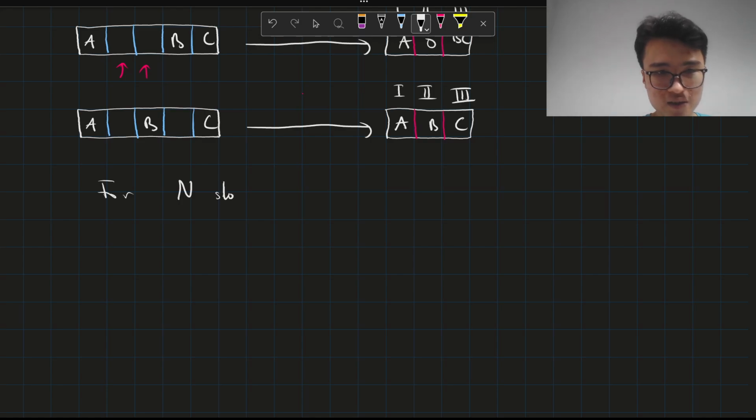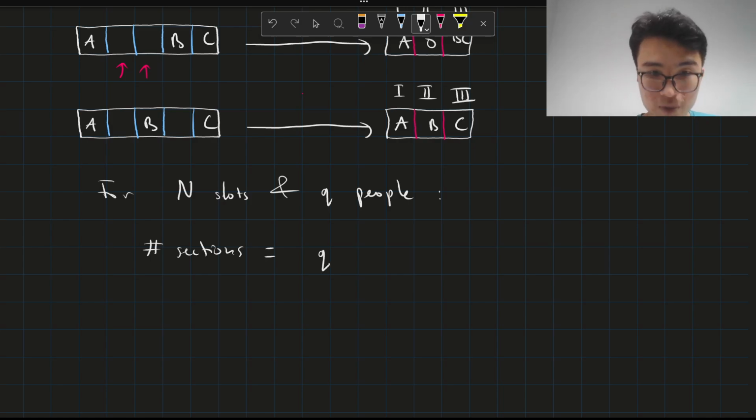If you continue this pattern, you know what's going on, which means that for n slots and q people, how many sections will there be? The number of sections will equal the number of people plus the number of slots minus 1.